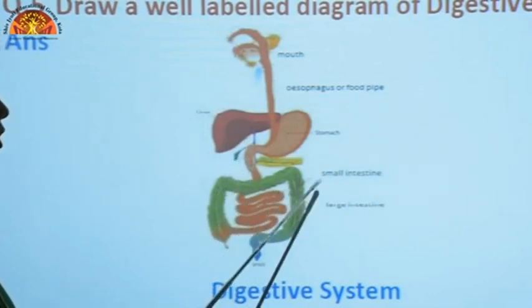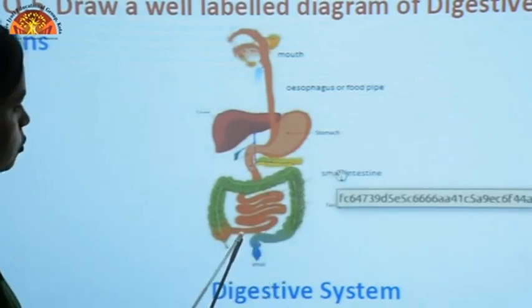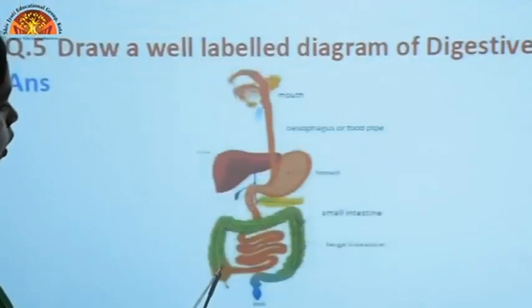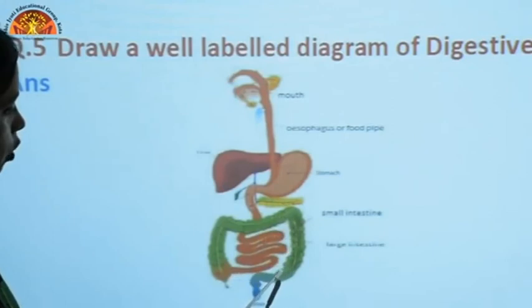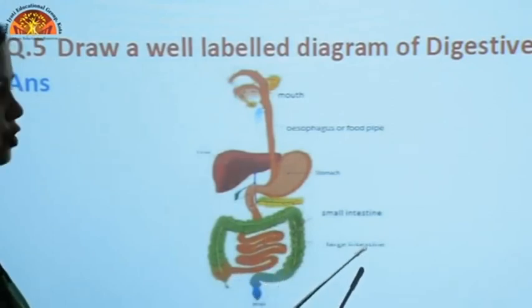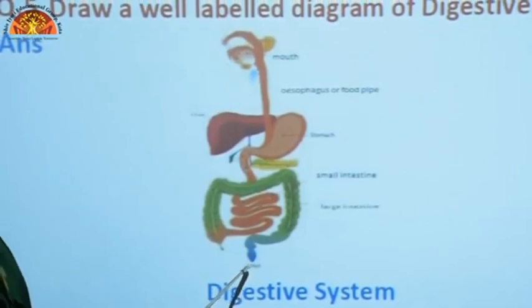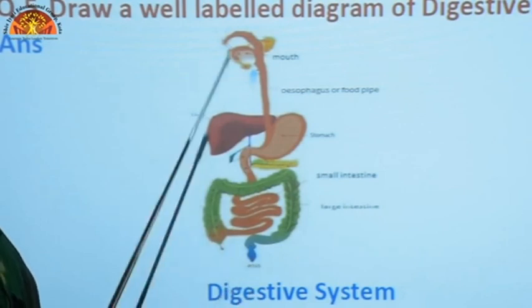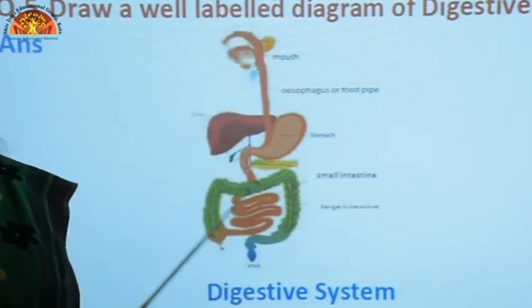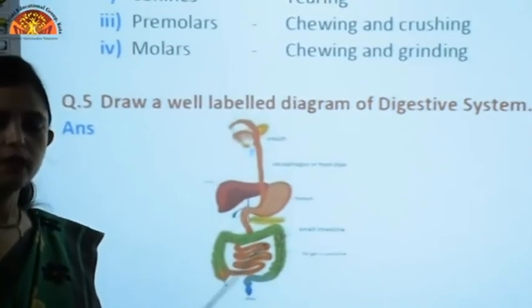This coiled structure is called small intestine. Then small intestine opens into another elongated and coiled structure which is called as large intestine, and finally this large intestine opens outside through a pore or opening which is called as anus. So this is all about the different organs of digestion and digestive system.